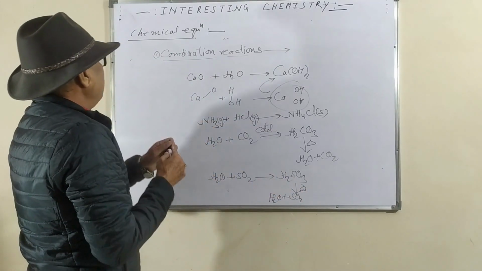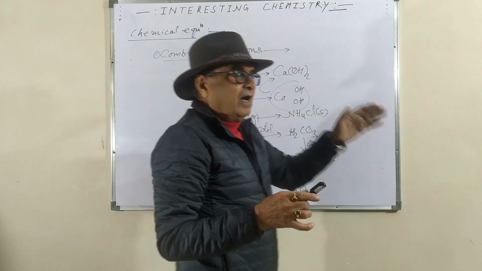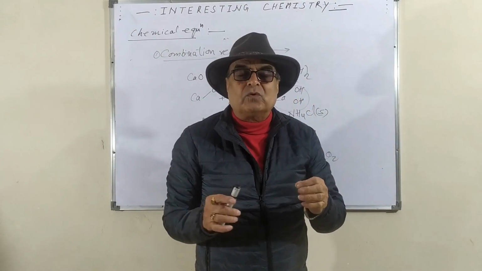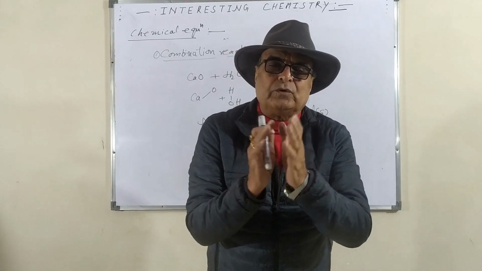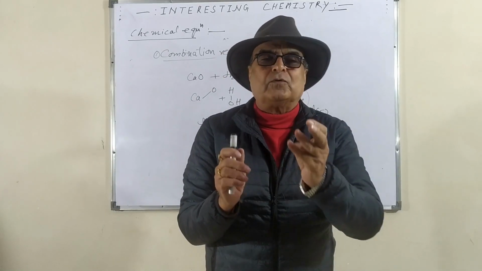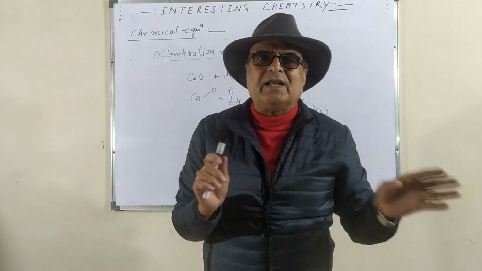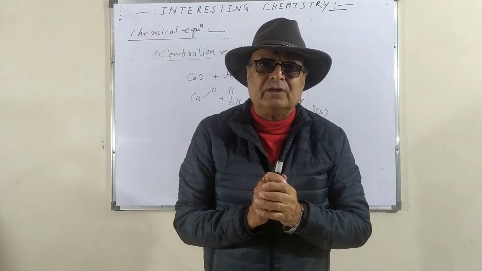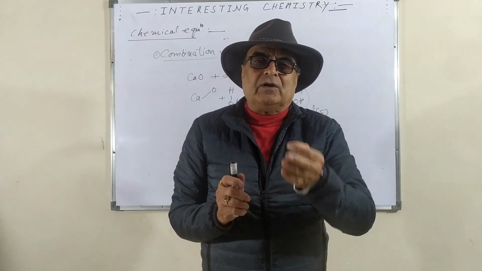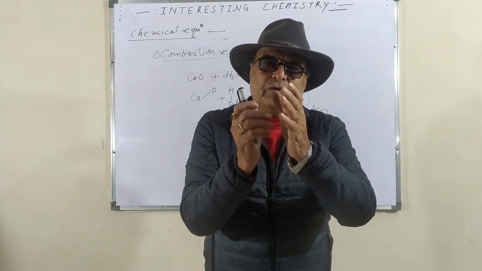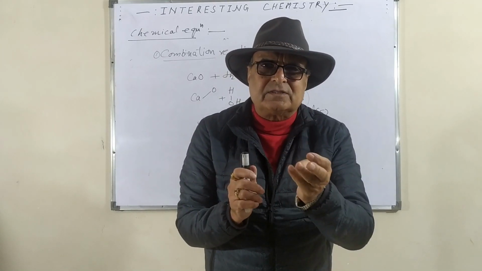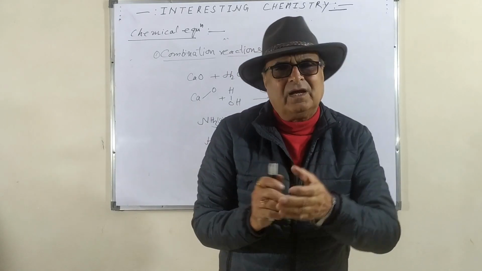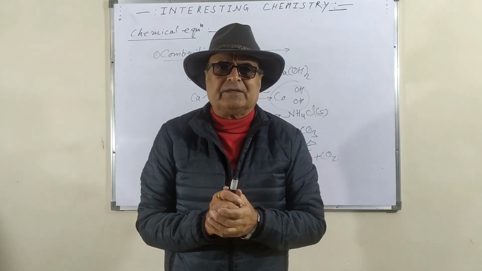This is the type. I hope you have understood the balancing of the equation. Today I told you about the format, the skeleton, of the chemical equation. Second, I told you about the ways to balance: one is the hit and trial method, and the second is the partial method.